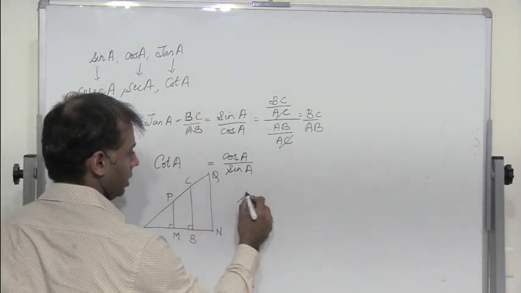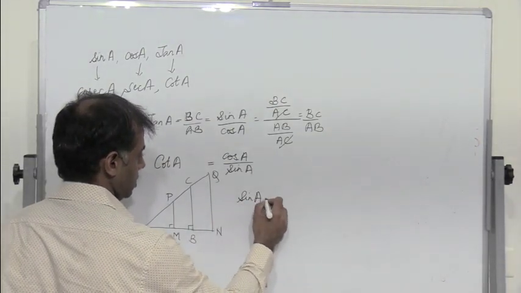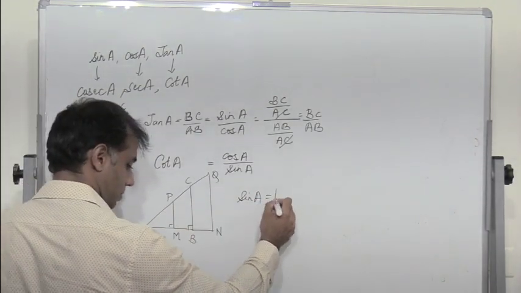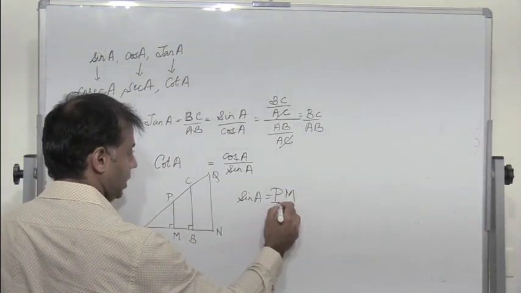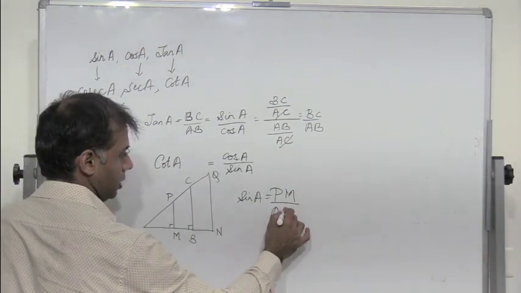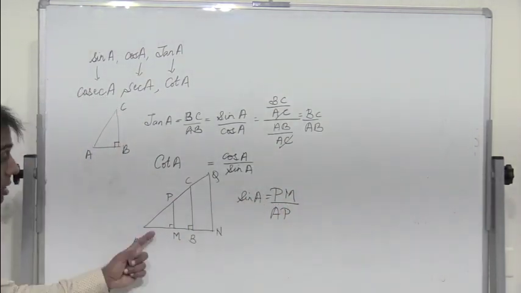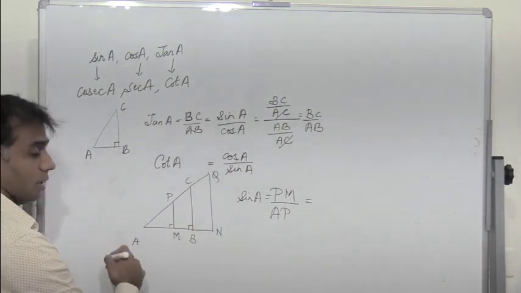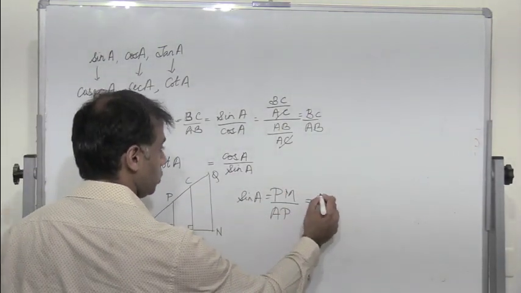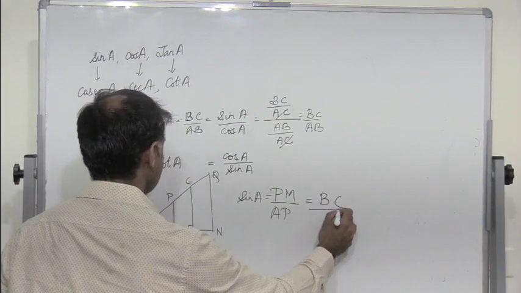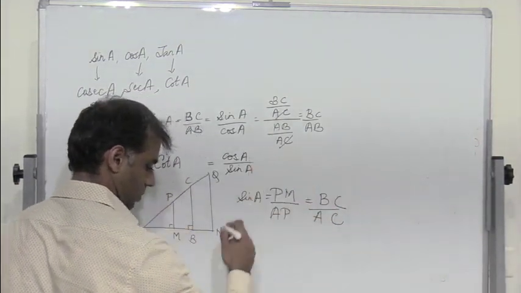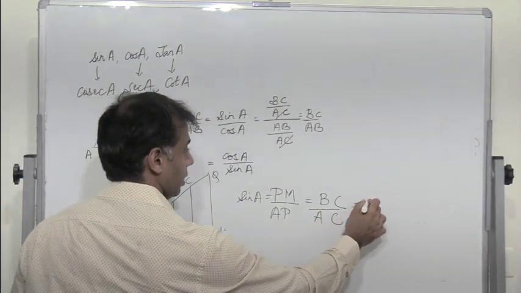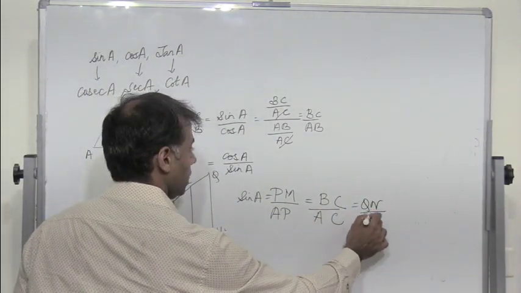What is sin A? Sin A is the opposite side PM by the hypotenuse AP, and this is also equal to BC divided by AC, if I consider the triangle ABC, which is also equal to QN divided by AQ.